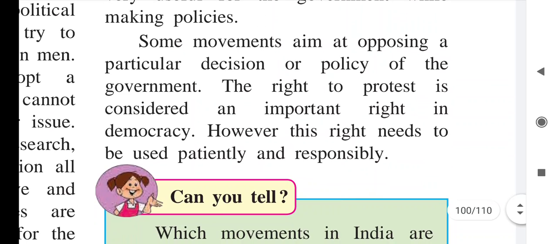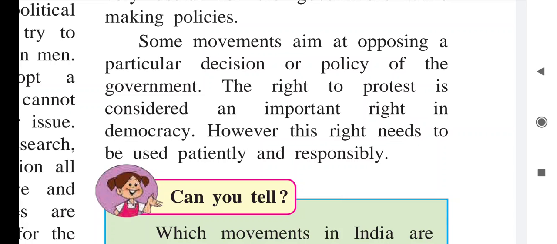Some movements aim at opposing a particular decision or policy of the government. We have seen that for many decisions the government is taking, people are showing their opposition. For example, just now we have seen the Maratha Arakshan, reservations for the Marathas, a very big movement that started across the whole country.